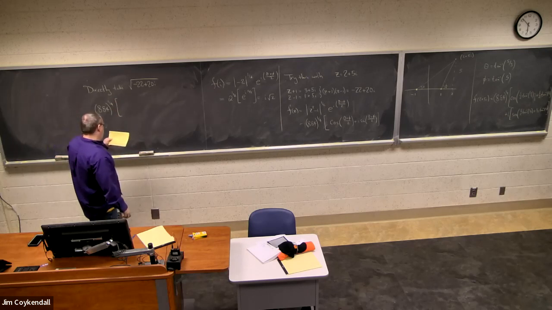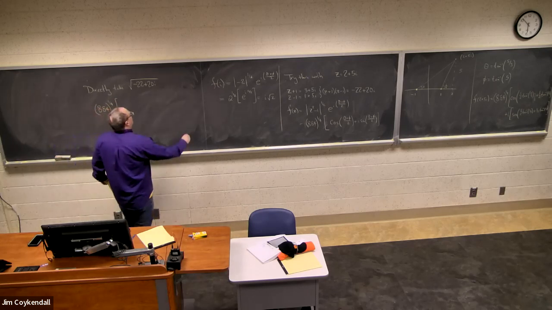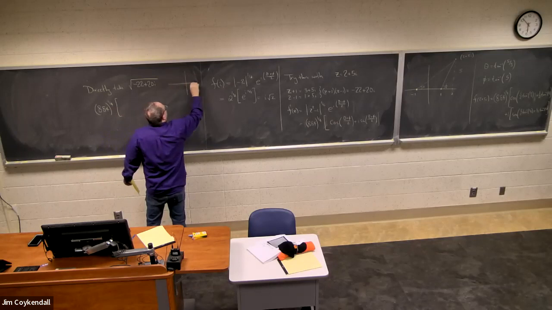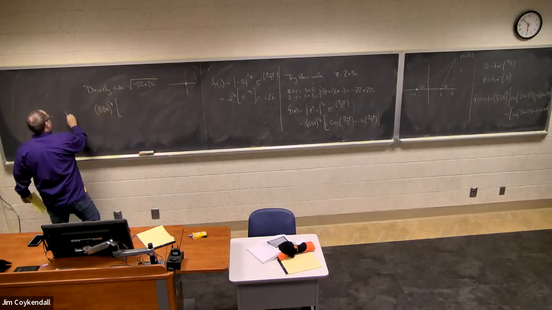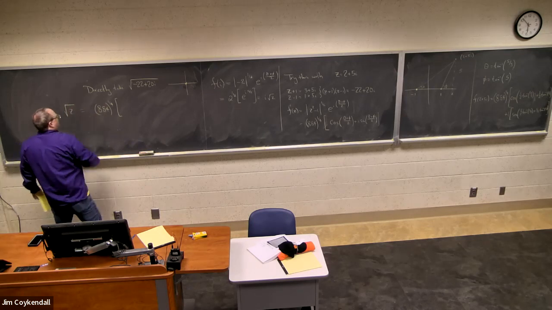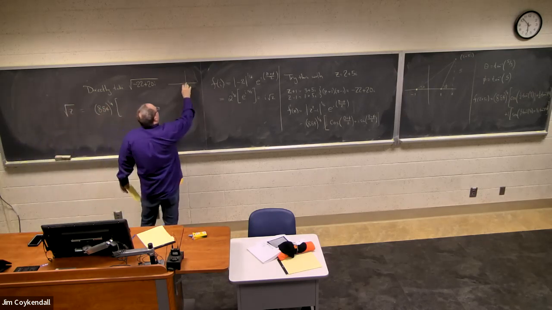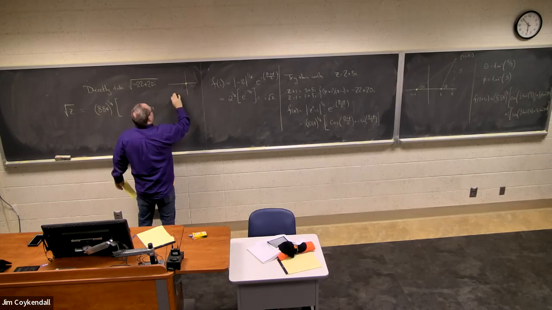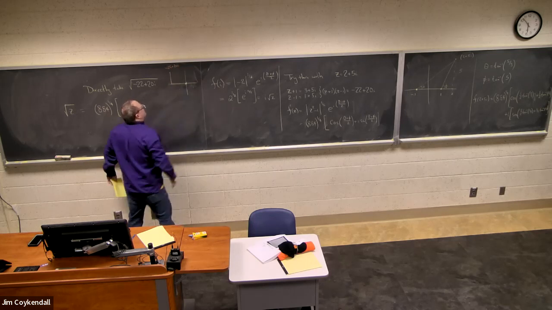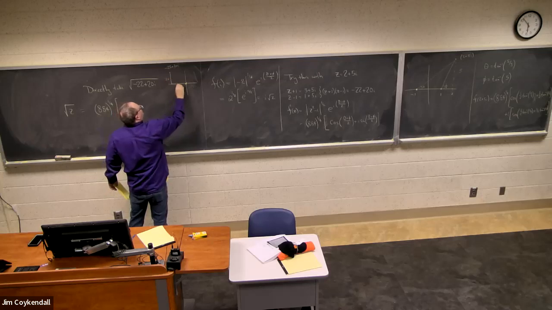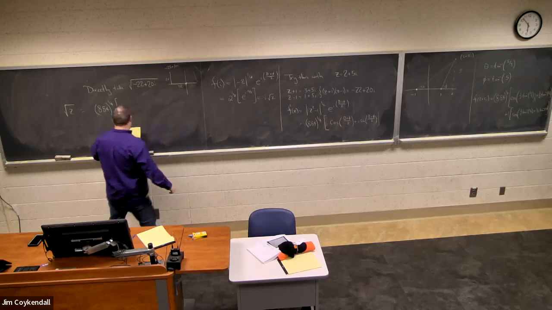But now, we're measuring from 0 because it's just the square root of this. So we have this -22 plus 20i. So this is 20 and this is 22 in length.